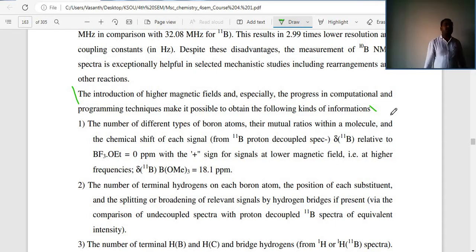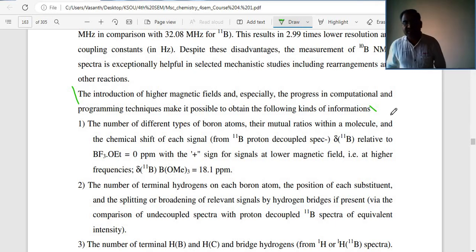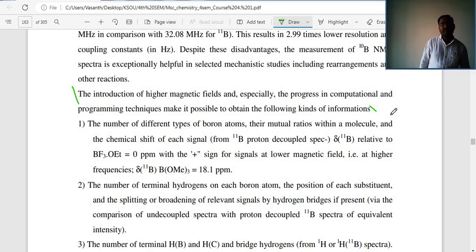The introduction of higher magnetic fields, and especially the progress in computational and programming techniques, make it possible to obtain the following kinds of information.